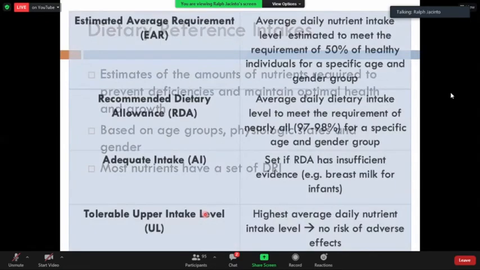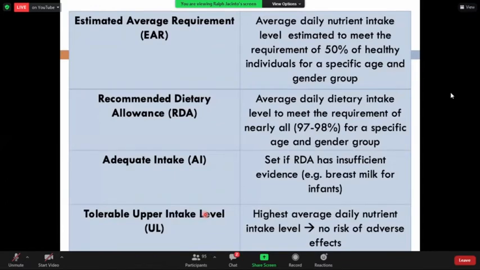These are examples of your dietary reference intakes. It's a table of values that we look at in order to determine if there is undernutrition or overnutrition.